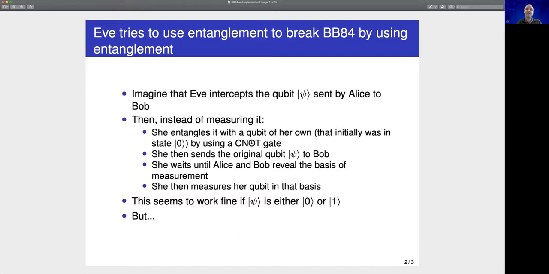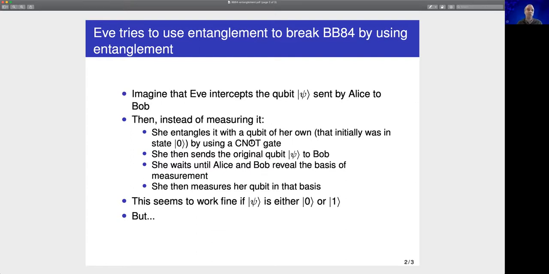Let's imagine that in the protocol, Alice sends the qubit, encoded in one of the bases, either the 0-1 basis or the plus-minus basis, to Bob, and then Eve intercepts this qubit. When we first talked about BB84, we studied the possibility of Eve measuring the qubit and then resending something to Bob. But now she uses another qubit, which is in the 0 state, and with a CNOT gate she entangles the qubit that Alice is sending to Bob, which I'm calling psi, with her own qubit. Then she sends the original qubit, without doing anything else to it, to Bob.